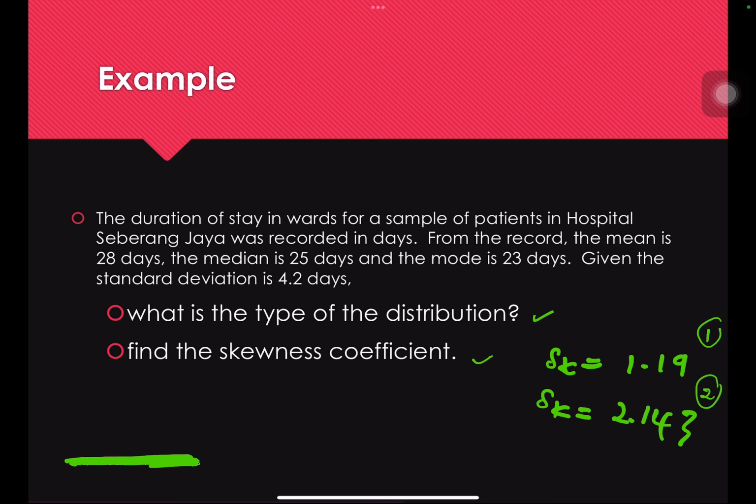So type of distribution: symmetrical, skew to the right, skew to the left. Skew to the right. Why skew to the right? Because it is more than one, or positive.